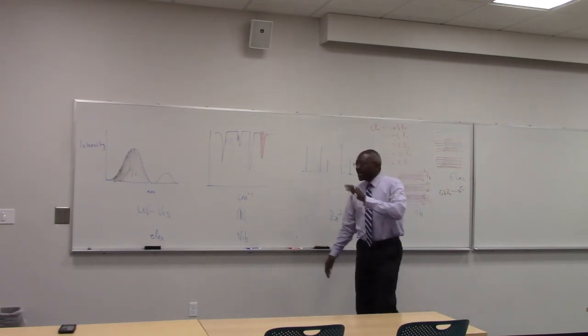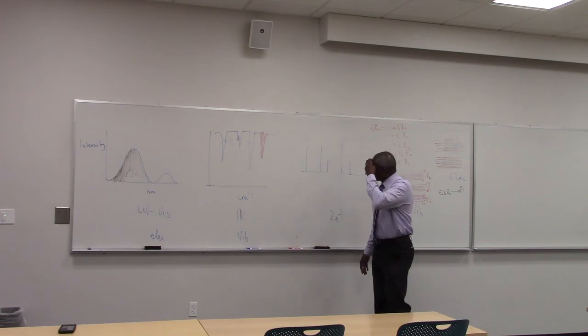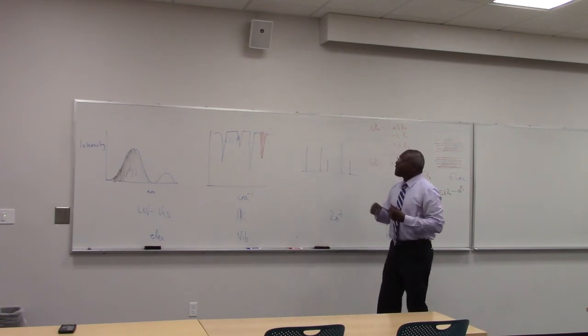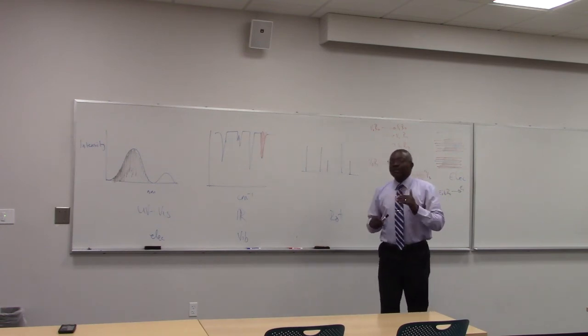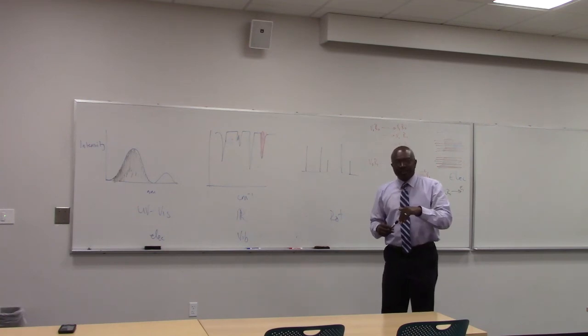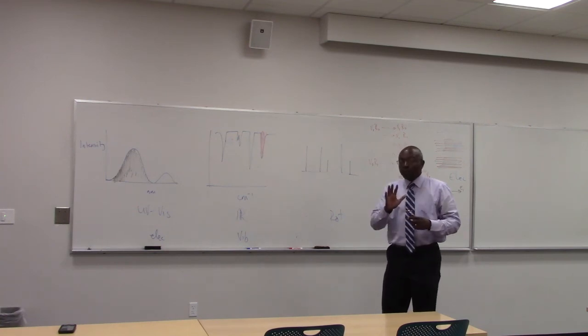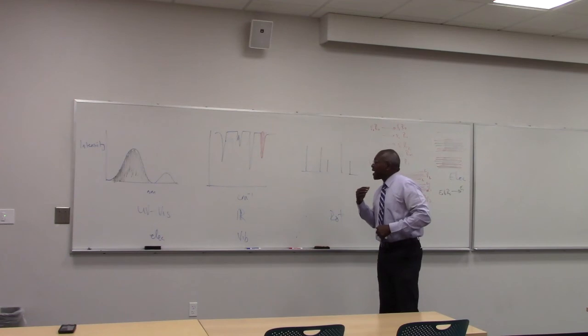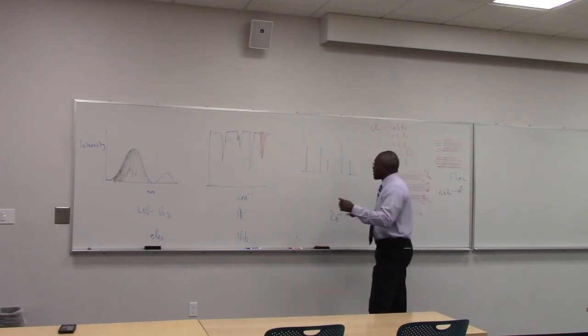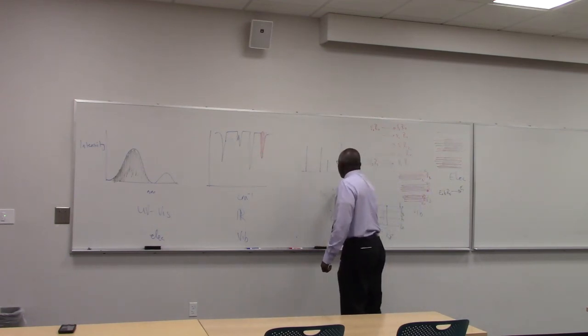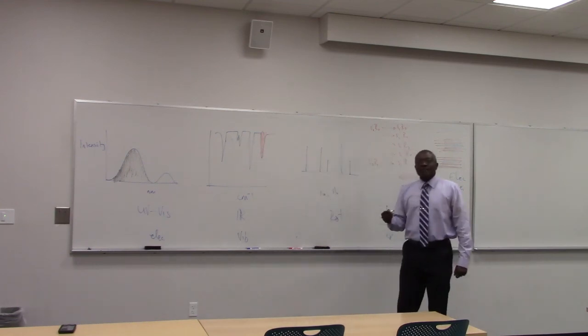The last point I'll make, and we had just sort of talked about it a little bit, is that if I look at the electronic spectra for atoms, not molecules, like sodium or helium or whatever, what I see are lines.